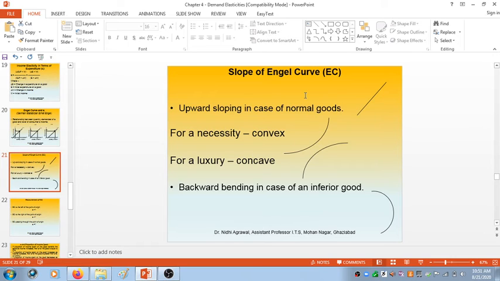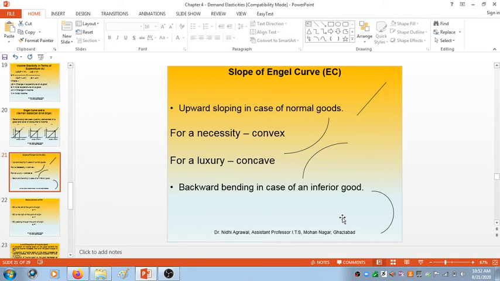Now, the slope of the Engel curve. It is upward sloping in the case of normal goods, and this can be linear. If we are talking about necessities, then the Engel curve can be convex upward sloping, and if we are talking about luxury, it can be concave upward sloping. Sometimes it can be backward bending like this, in the case of inferior goods. Why is it backward bending?